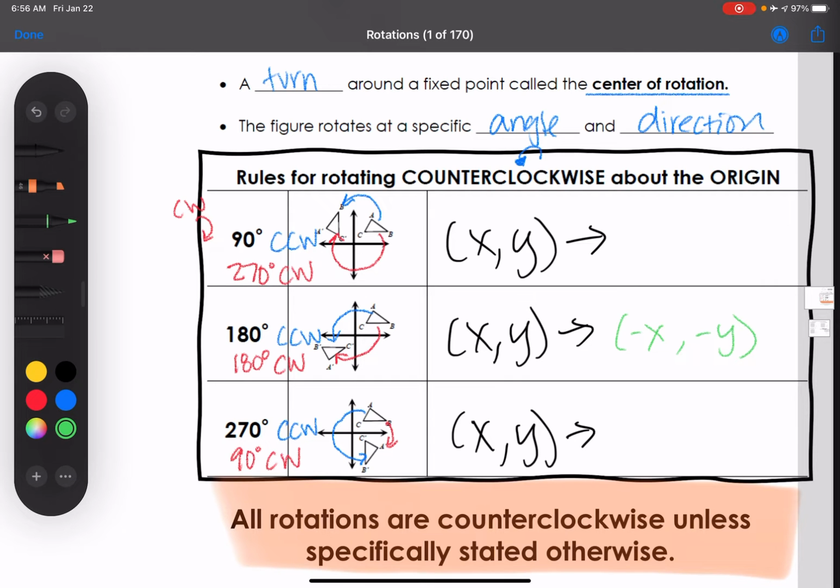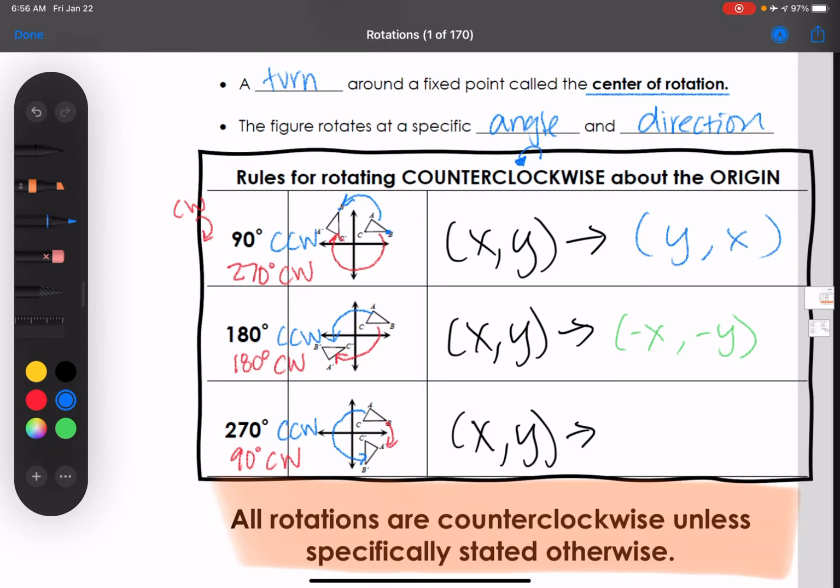Now, with 90 degrees, when it's doing this, you'll notice that the orientation has swapped. Point B was on the right, and now it's moved all the way to the top of the screen. So what happens is your y and your x values are going to change. And one of them is going to be negative.